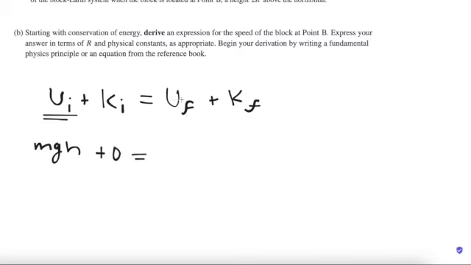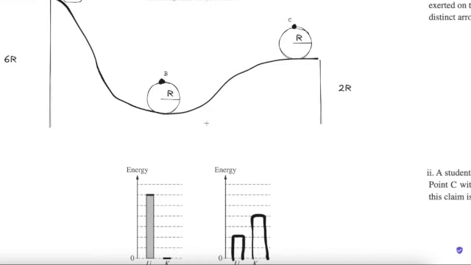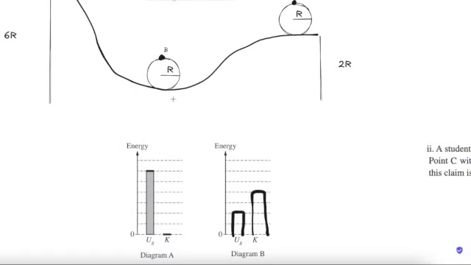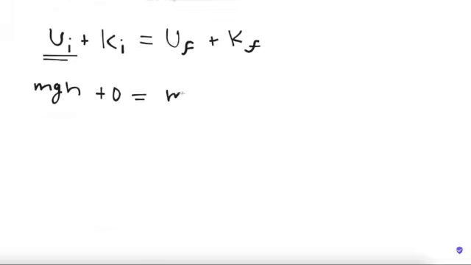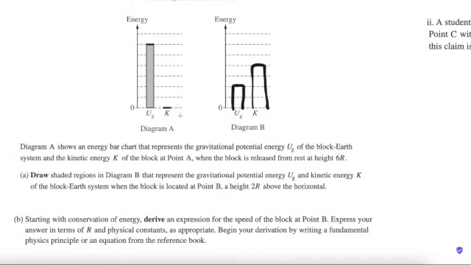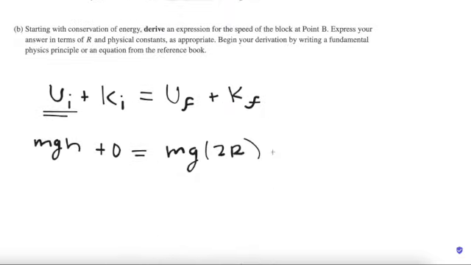And what is it equal to? At point B, what is our gravitational potential energy? As we said here, it's going to be mg times 2r, because it's mgh, but h is just going to be 2r at this point. And then plus some kinetic energy value because it does have a velocity at this point. So plus 1/2 mv squared.